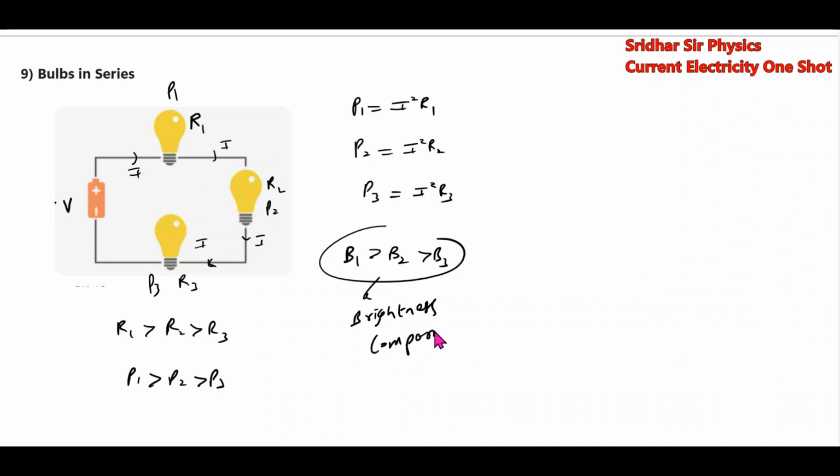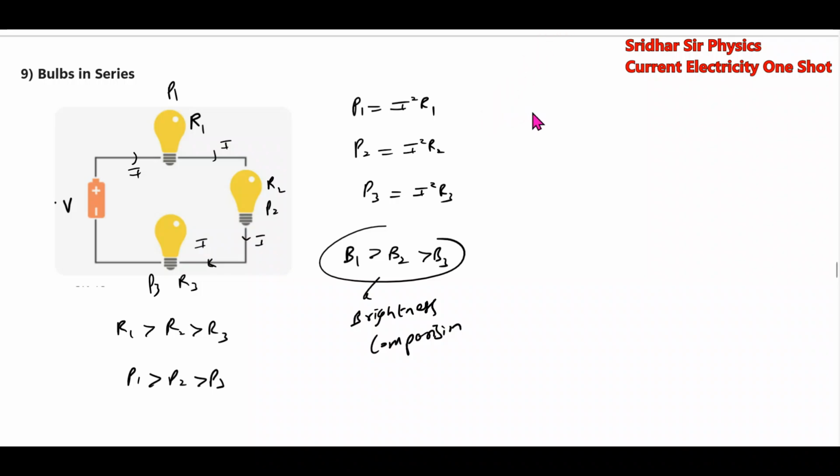These are the brightness comparisons. So when bulbs are in series, we compare their brightness by using the power dissipation. Since the same current flows, the one which has higher resistance will have more brightness. So what is the conclusion?